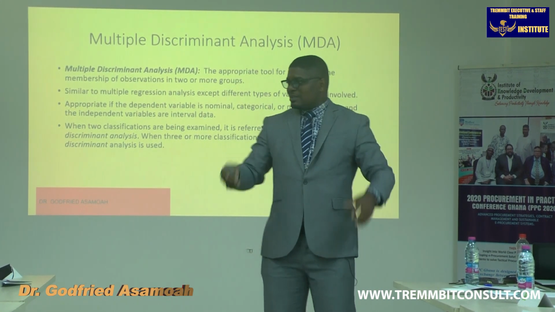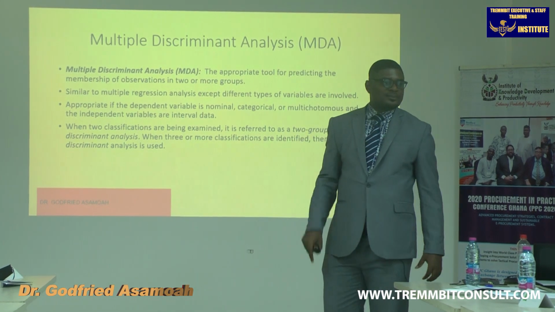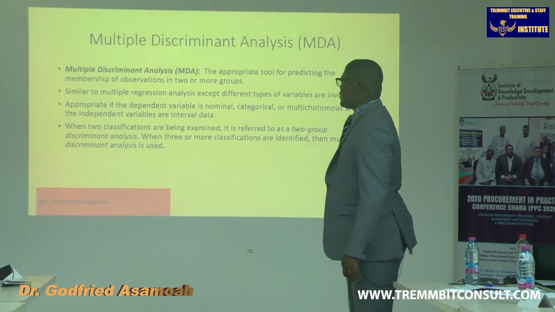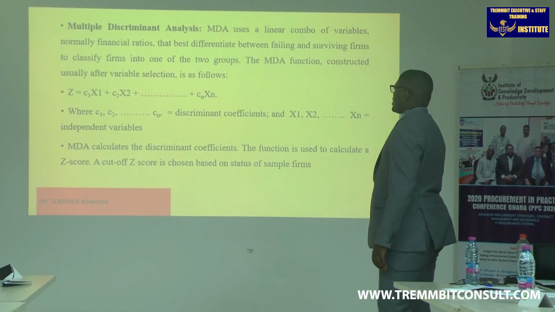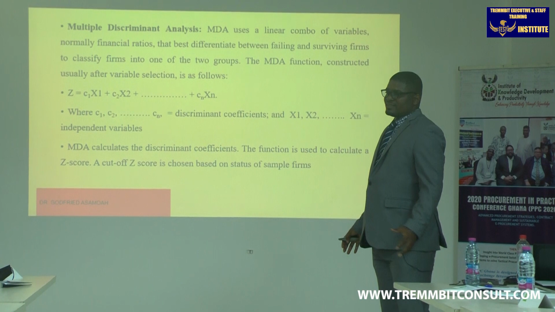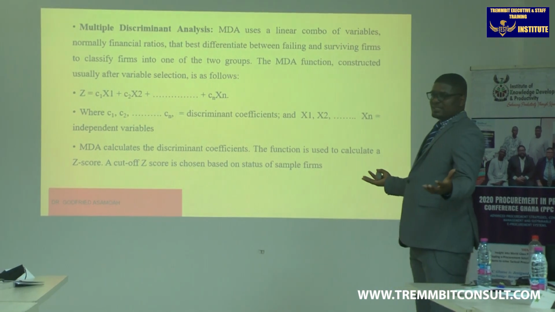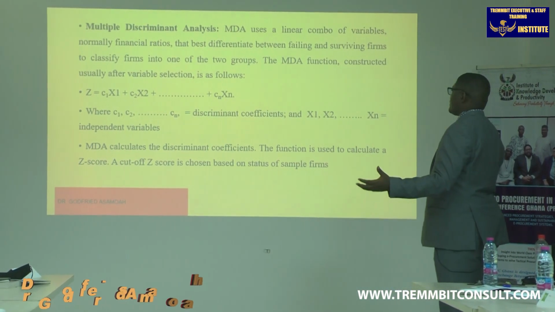You can use this technique to do that. It's called multiple discriminant analysis. Now, we normally talk about that because that's the foundation of these kind of corporate failure prediction models.